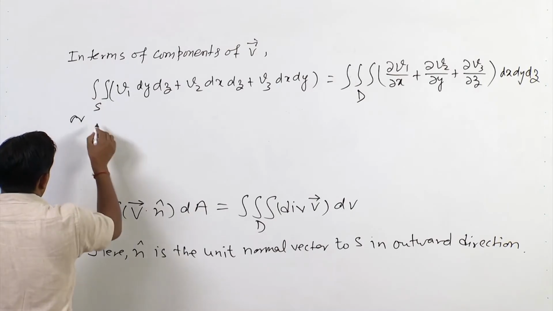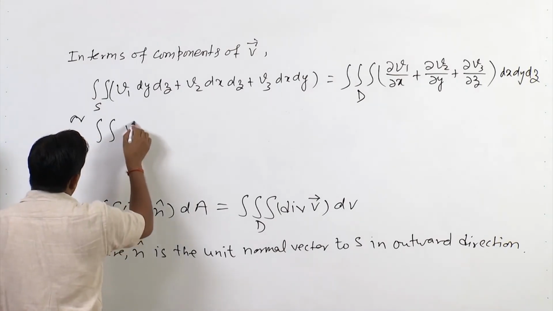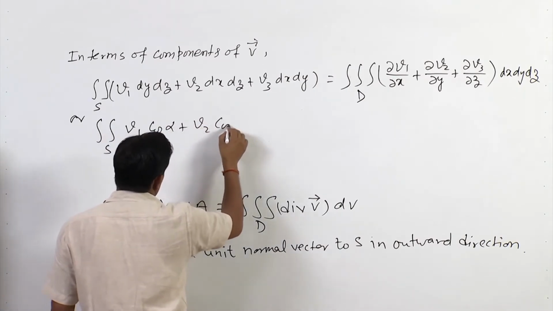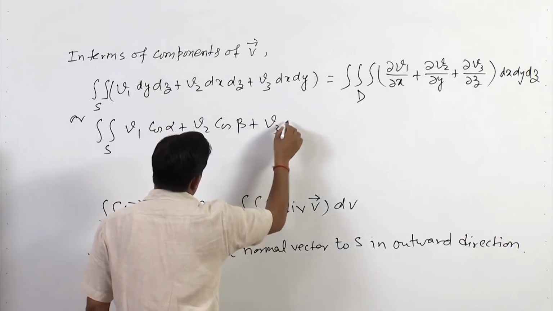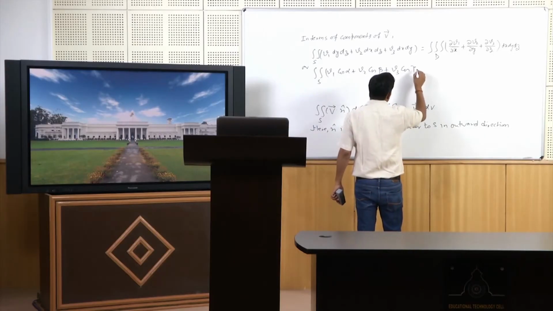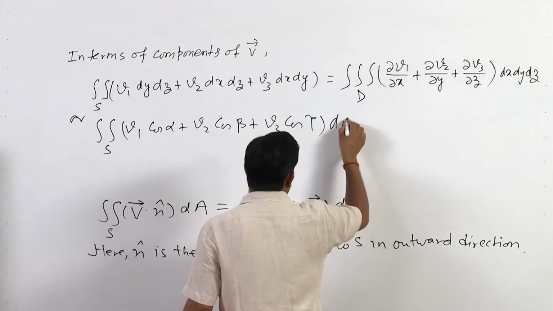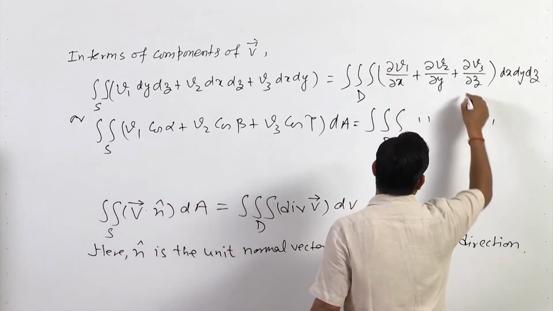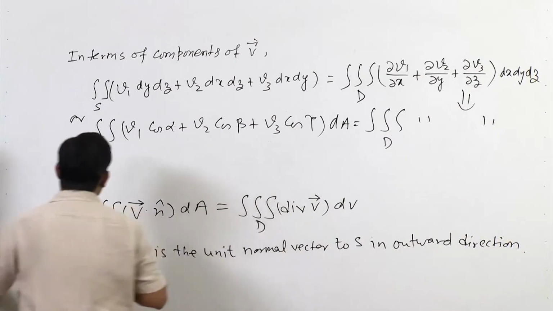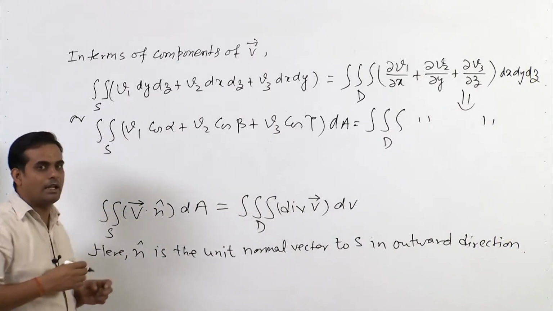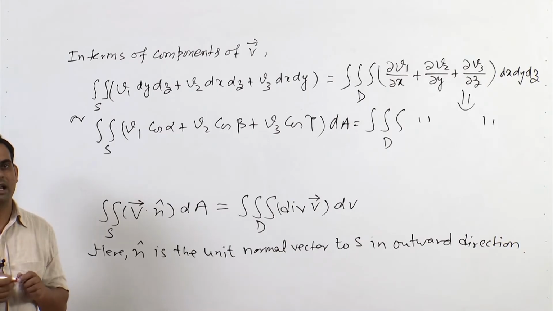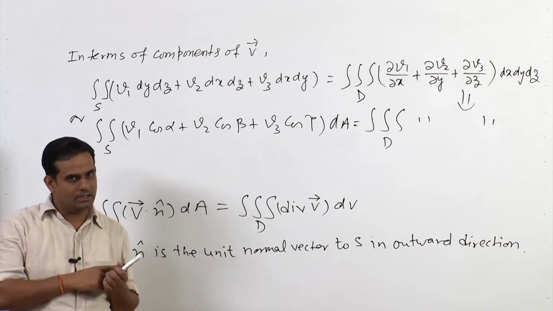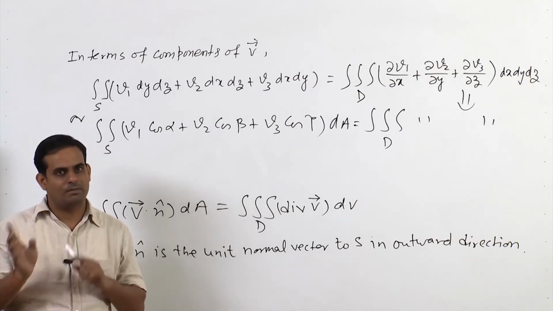Or I can write this as V1 cos alpha plus V2 cos beta plus V3 cos gamma, dA, equals the right hand side given by the same thing. Here alpha, beta and gamma are the angles which the unit normal vector n makes with the x axis, y axis and z axis in positive directions respectively.